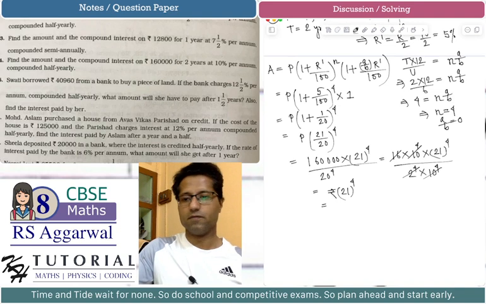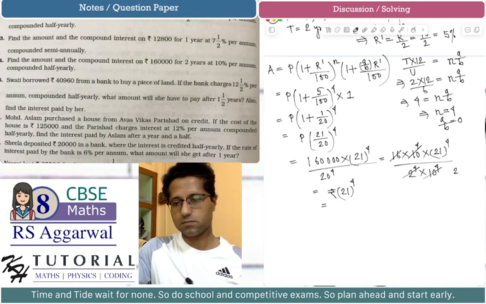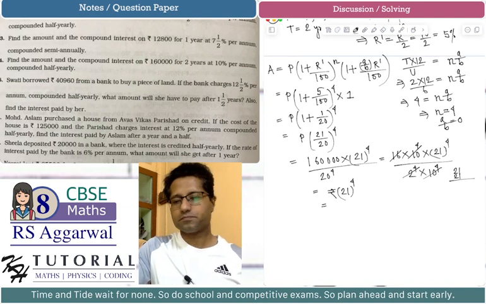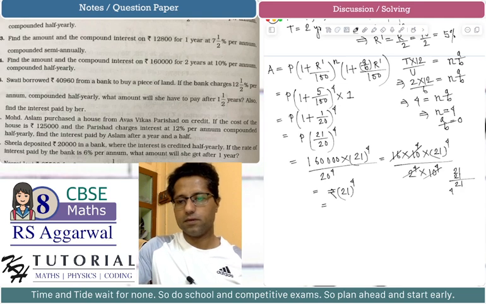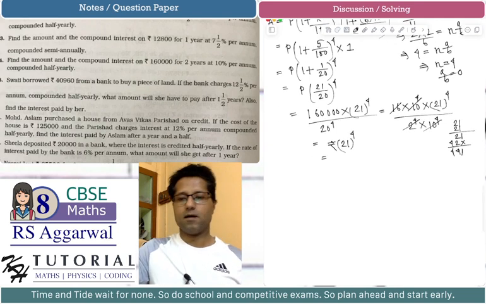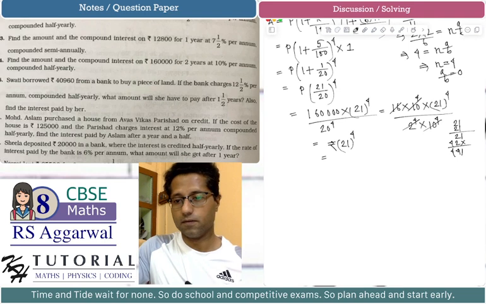How much is 21 square? 21 times 21 is 441. So it is 21 to the power 4, so we have to multiply 441 with 441.